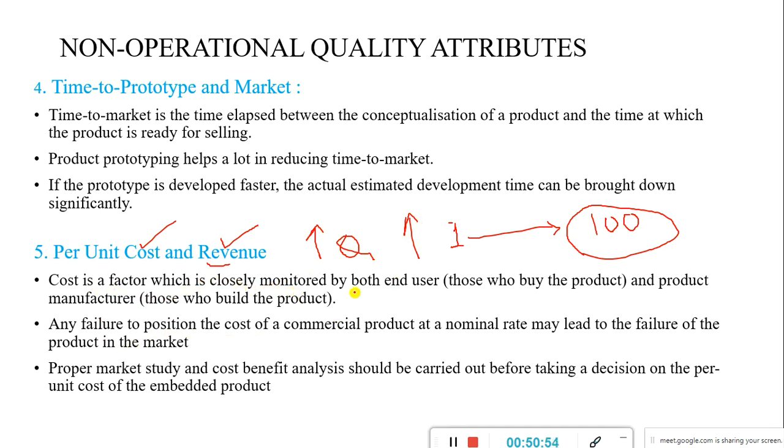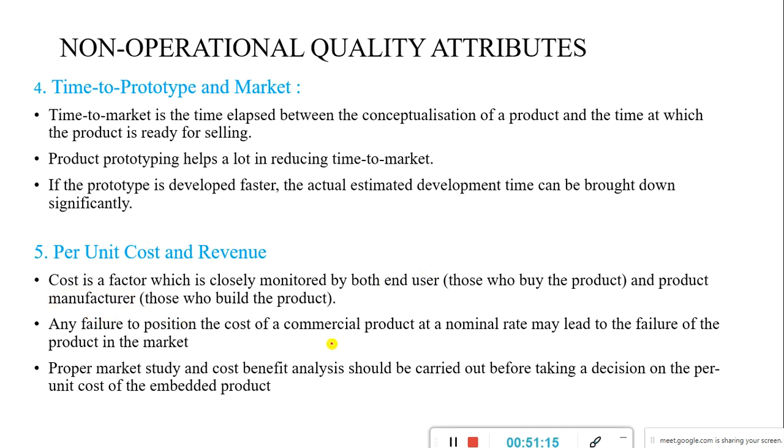Cost is the factor which is closely monitored by both the end user and the product manufacturer. The end user always tries to get the lowest cost with the highest quality. The product manufacturer always tries to keep the products at a higher rate, because otherwise he will be at a loss.